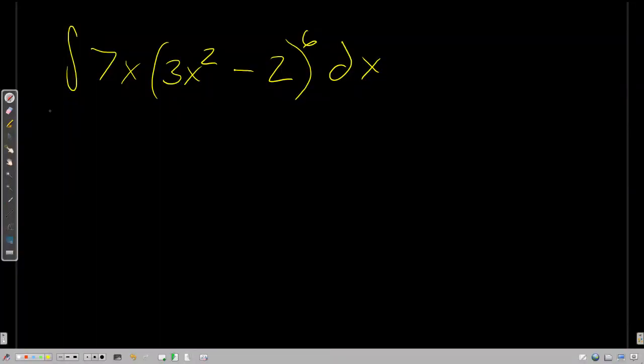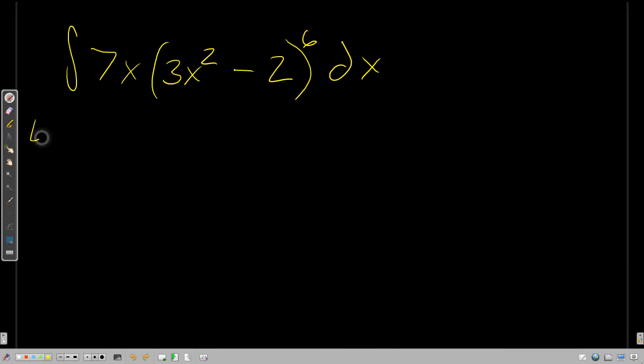So you're always trying to look for which part of your integral is looking like the derivative of another part of that integral. In particular, you have an x squared here, and you have an x to the 1 over here.